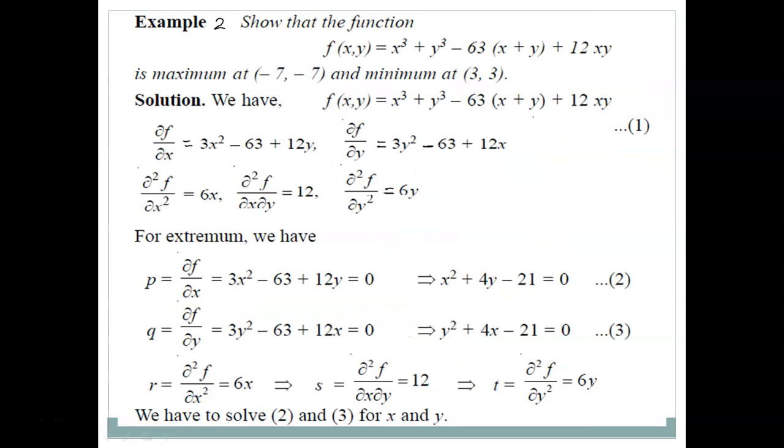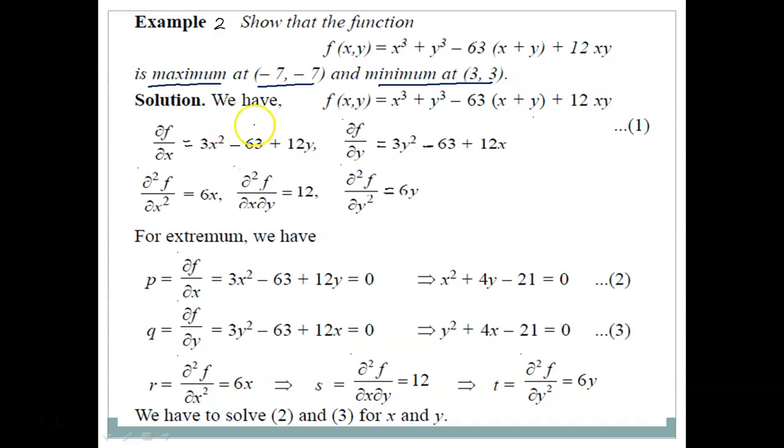Now let us see example 2. Show that the function f(x, y) equals x cube plus y cube minus 63 times (x plus y) plus 12xy has a maxima at the point (minus 7, minus 7) and a minima at the point (minus 3, minus 3).